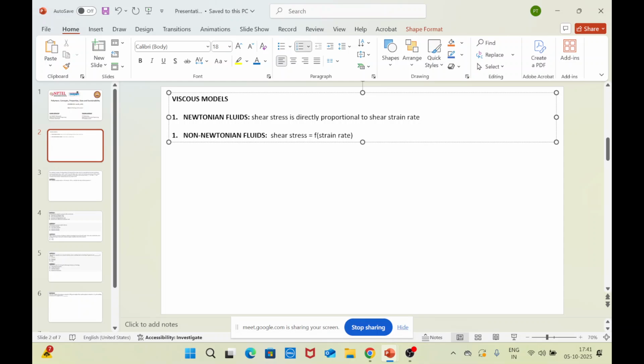The shear stress is directly proportional to shear strain rate in case of Newtonian. In case of non-Newtonian, the shear stress is going to depend upon the strain rate, but that dependency is not in linear fashion, unlike in case of the Newtonian fluids that we observe.